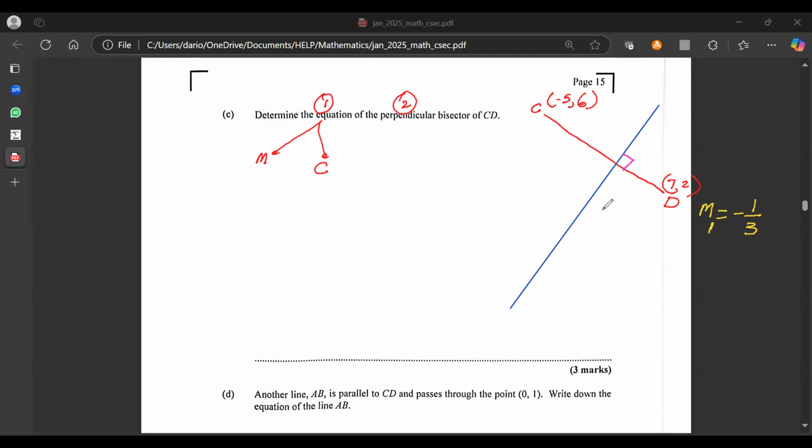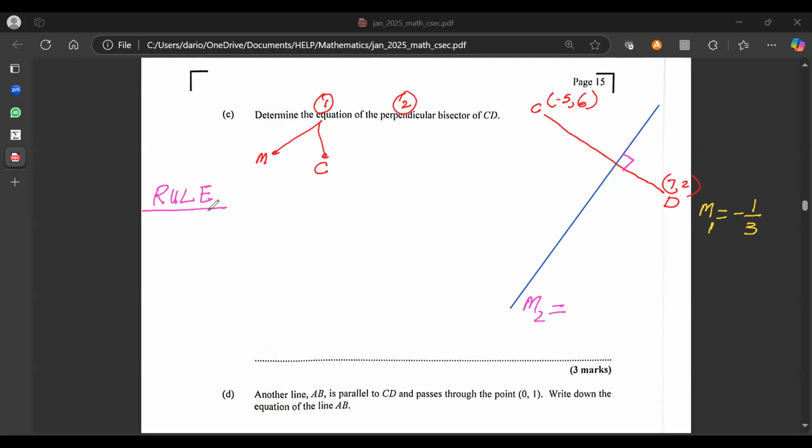Now, for parallel lines, the gradients are the same. But for perpendicular lines, there's a formula for that. So, M2 is equal to, now, the rule says, RULE.